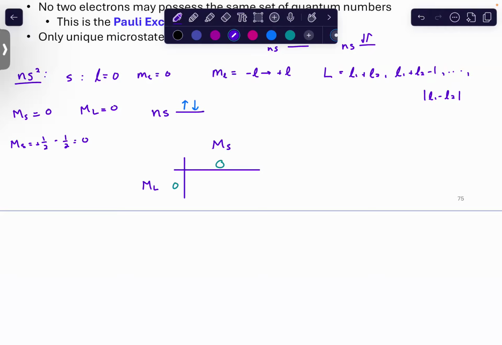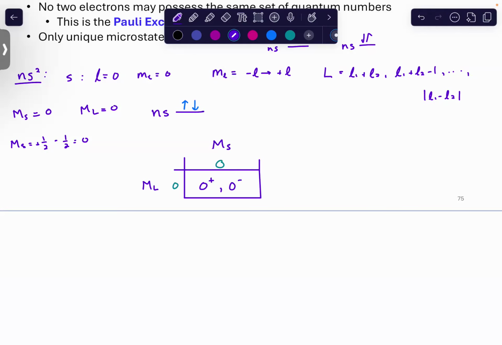Technically, I'm supposed to try to make a little table out of this. The only possible state that I have here, and I get this from another source, but I kind of like the notation, is the combination 0 plus, 0 minus.